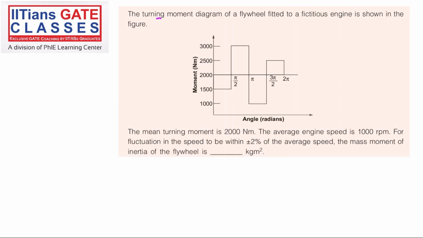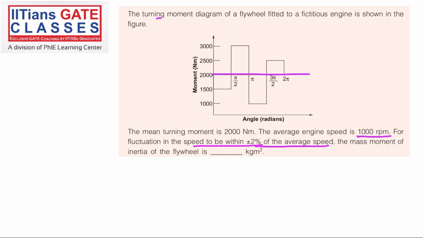The turning moment diagram of a flywheel is given, right? Mean torque is given as 2000, right? Average engine speed is 1000 rpm, right? The value of fluctuation of speed is given, meaning the coefficient of fluctuation of speed is given, of the average speed.